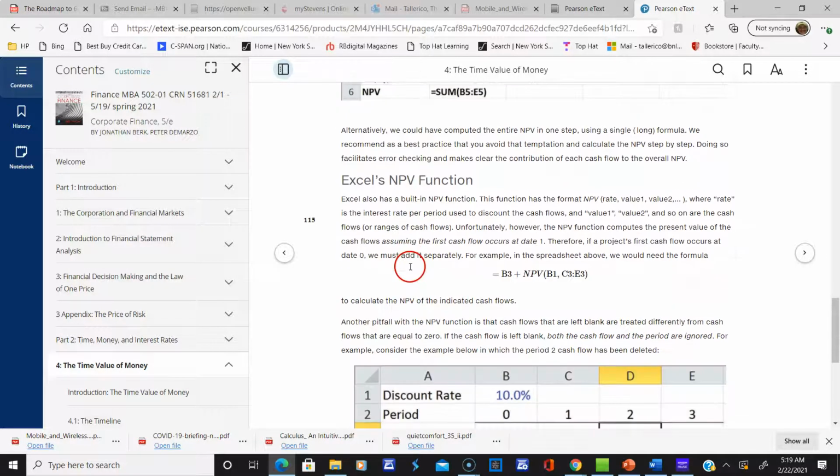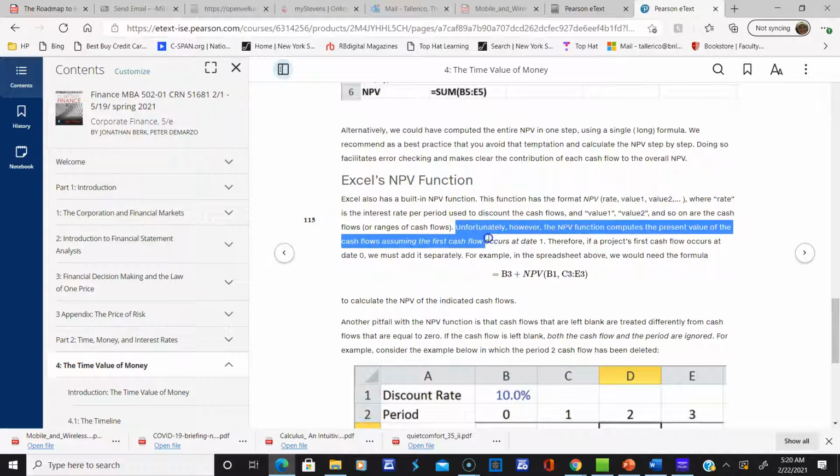Anyway, so there's a comment here about Excel. Excel has a built-in net present value function. This function has the format NPV(rate, cash flows), where rate is the interest rate per period, and so are the cash flows, right? Look here, so right here. Unfortunately, however, the NPV function computes the present value of the cash flows, assuming the first cash flow occurs at date 1.